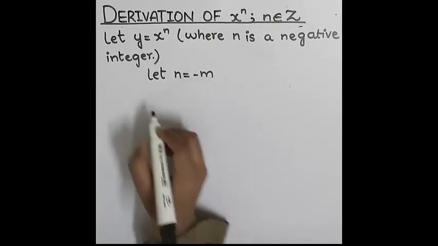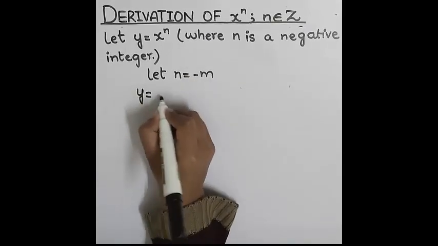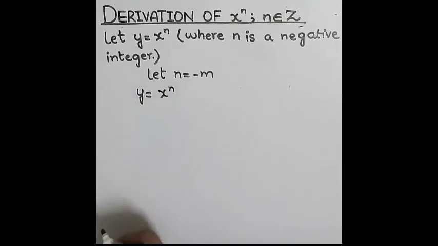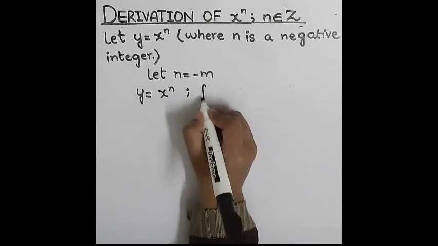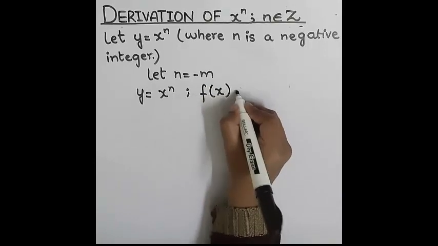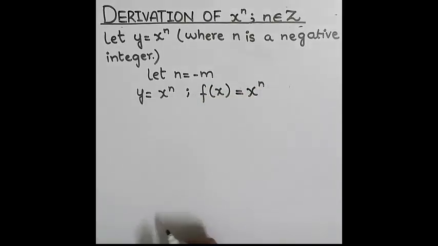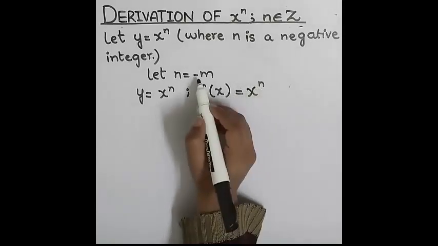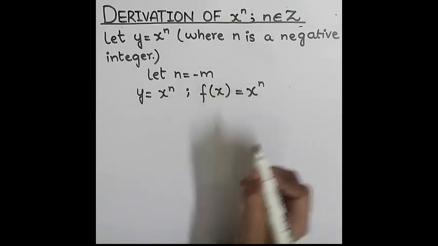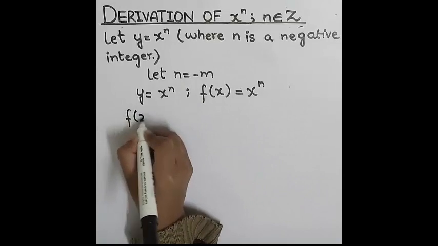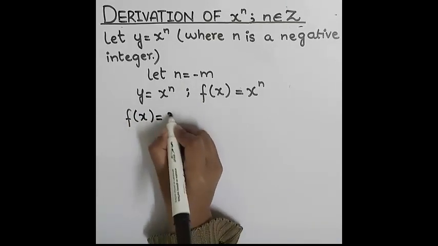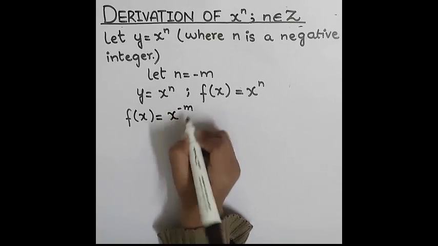The question we have is y is equal to x raised to power n, or we can say f of x is equal to x raised to power n. But we have replaced n by minus m. So we will write f of x is equal to x raised to power minus m.